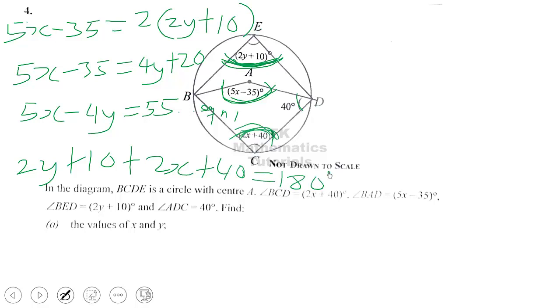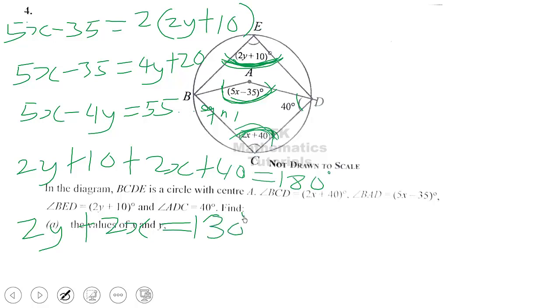So this will give us 2y plus 2x is equal to 180 minus 50, because 10 plus 40 is 50, and when it goes to the other side of the equal sign, it becomes minus. So 180 minus 50 will be 130.